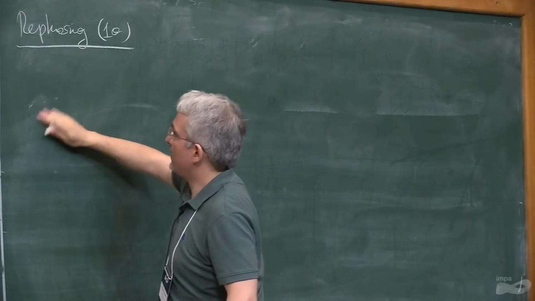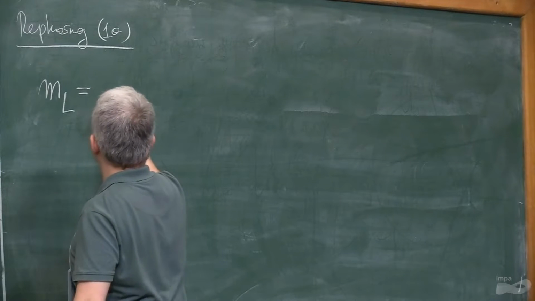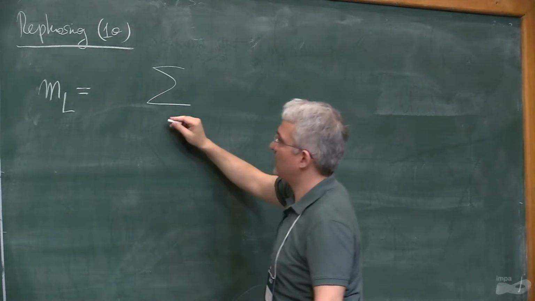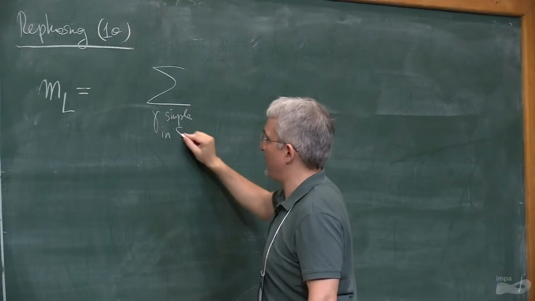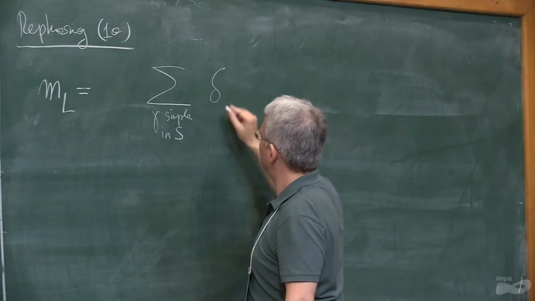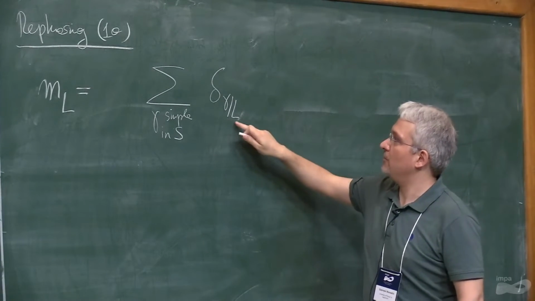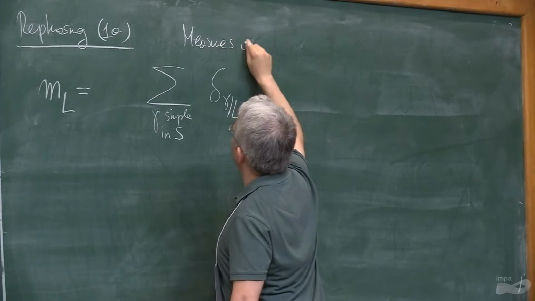Okay, so let's take the following measures. Sum over gamma simple in S, so a simple closed curve. Let's take the delta measure over gamma divided by L. So we want to define measures on ML.